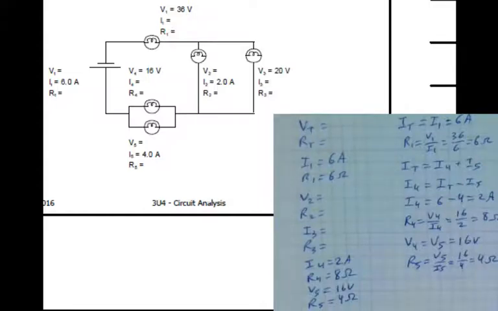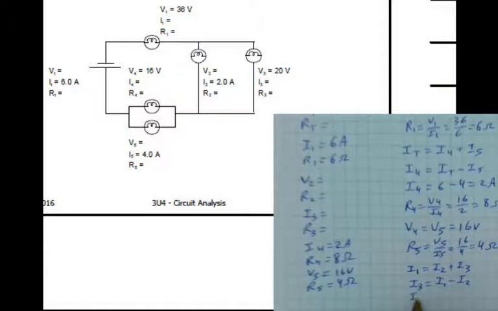For V2, I know the I. I don't know the I for the third resistor there. So I know that I1 has to equal I2 plus I3. And because I need to solve for I3, I write that as I1 minus I2. I1 we solved already as 6. I2 is given to us as 2.